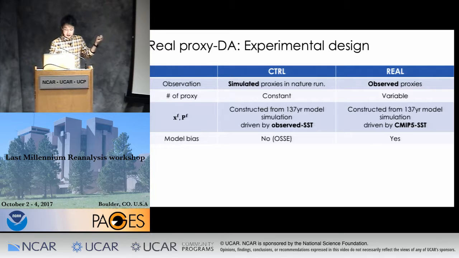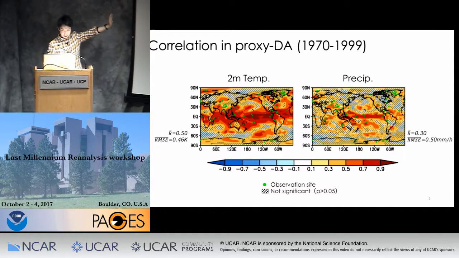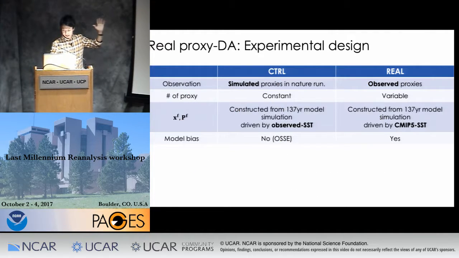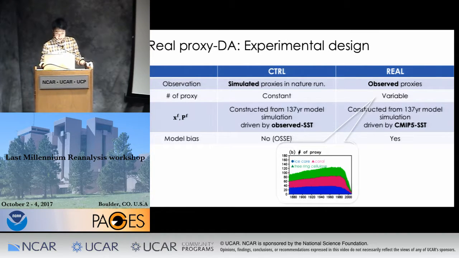To remind you, in the previous case, I did OSSE, so nature run is created by myself. But in this case, I assimilated observed proxies. And I named that next experiment name as real. In this case, I used CMIP5 SST to drive AGCM to construct the background ensemble.